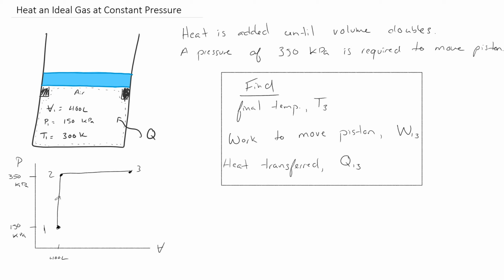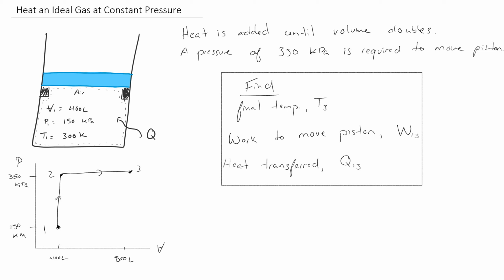So once that piston is off of the stops, the pressure inside my gas doesn't change, because the pressure is mandated by the weight of that piston. So no matter how far it moves up and down, the pressure inside is the same because the force that the piston is exerting on the gas is the same. Okay, so I'm going to continue heating at this constant pressure until the piston tops out at a volume that is double my original volume.